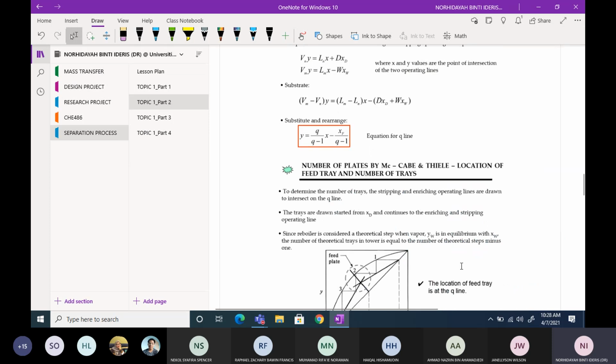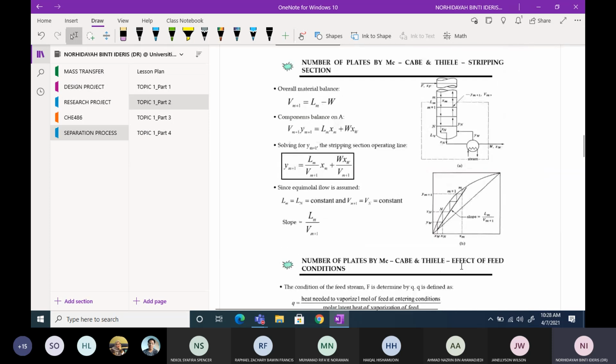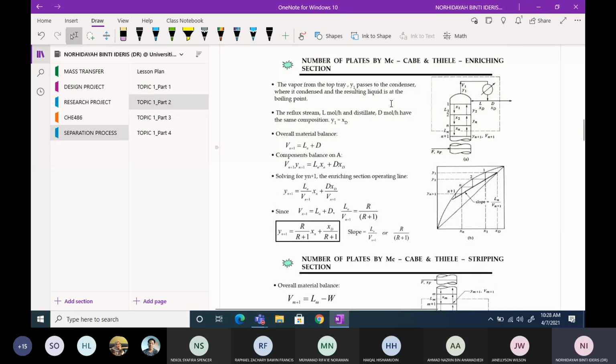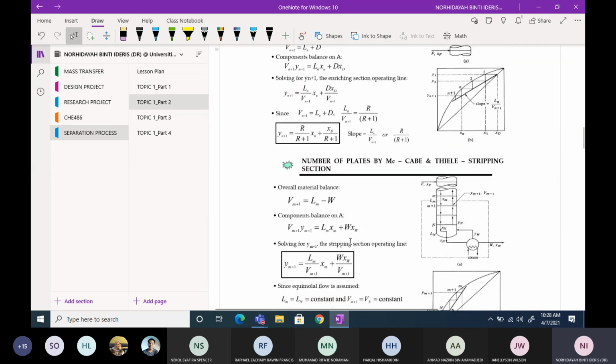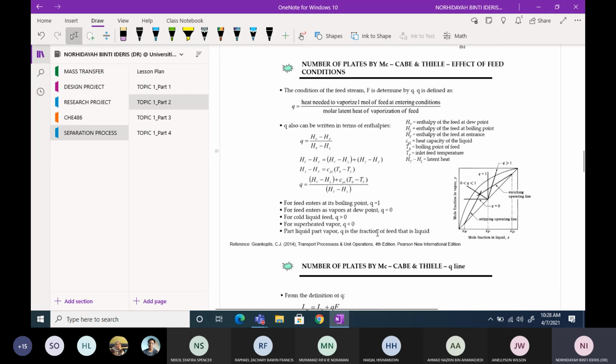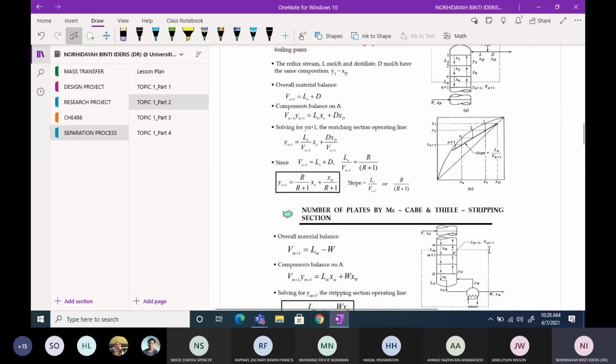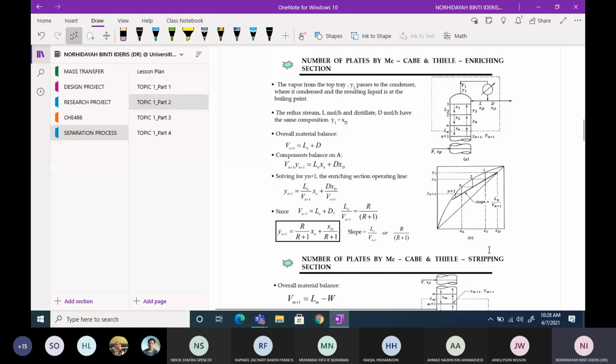So now we go back to how the equation or line of the enriching, this one is stripping, and this one is Q, are derived. This slide is only a simple version. For more detail you can refer to the book.